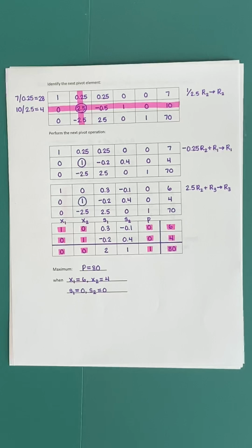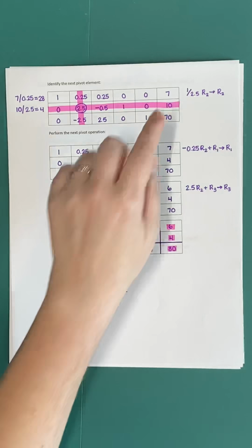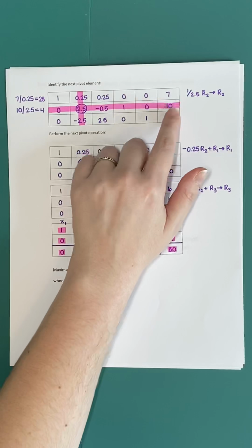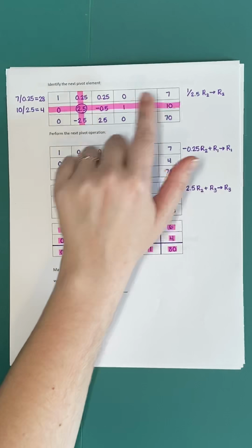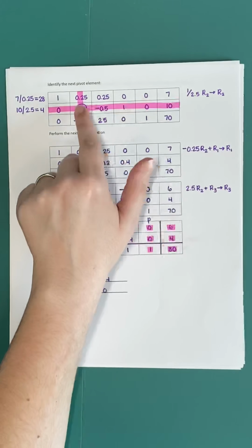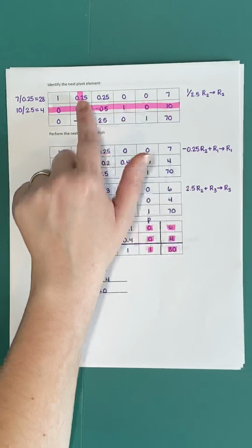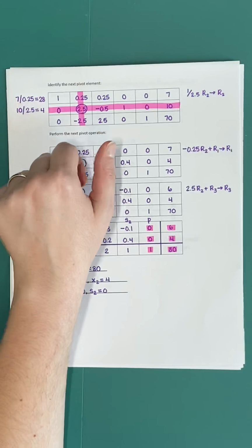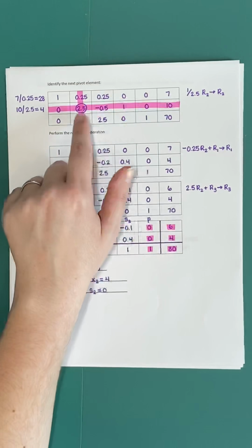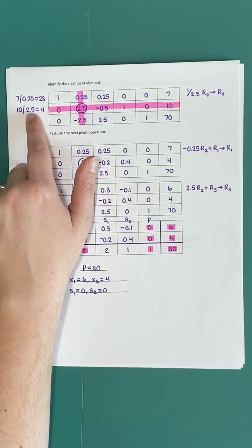Now that's the only negative indicator we have, which means automatically that's going to be the pivot column. Now I need to pick the pivot row. So I'm going to take the two elements on the far right and divide them by the corresponding numbers in that pivot column. So 7 divided by 0.25, and 10 divided by 2.5.